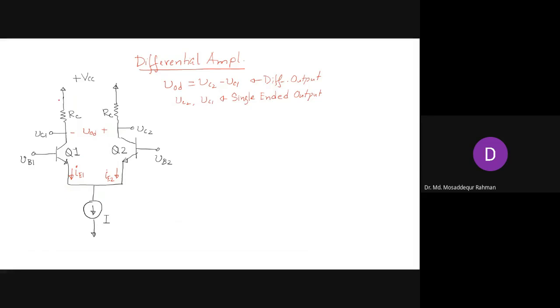Then the current that will flow here will be IC1, and the current that will flow here is IC2.